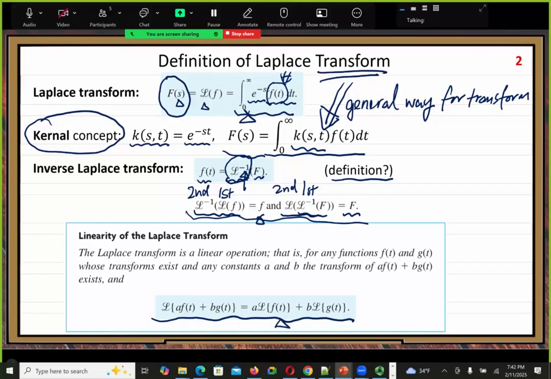In this way, you only need to know the formulas for some basic functions, because later you can combine several basic functions using linear combinations, apply the linearity property, and find the Laplace transform.